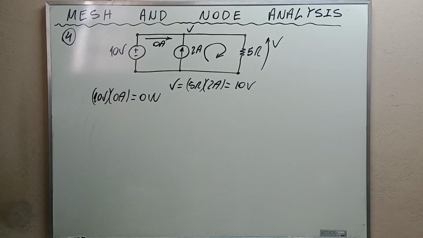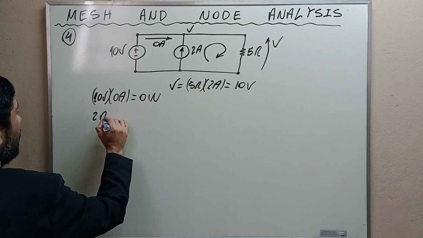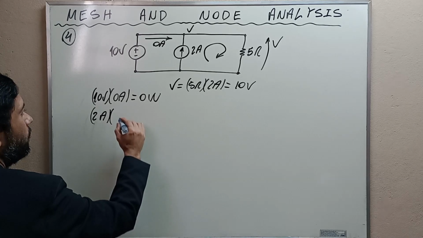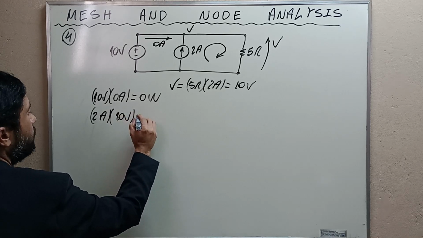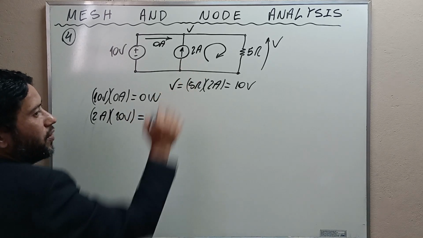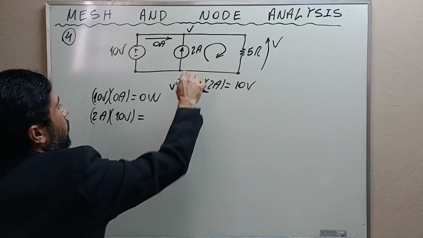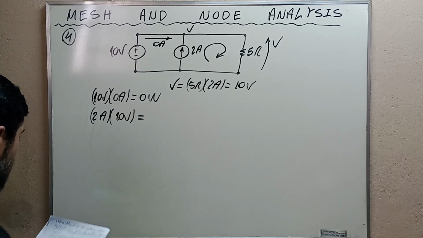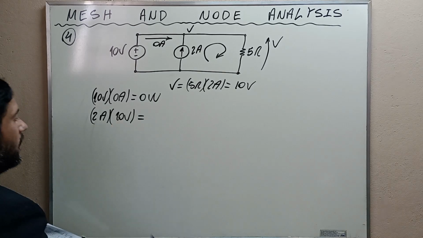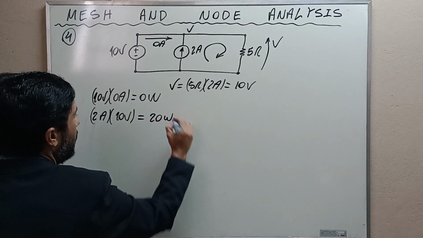And how about the power delivered by the current source? It is going to be 2 amps times 10 volts, because on top of the current source there is this voltage here of 10 volts. Okay, so 2 times 10 is 20 watts.